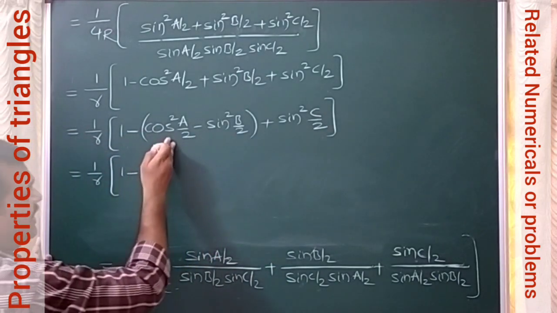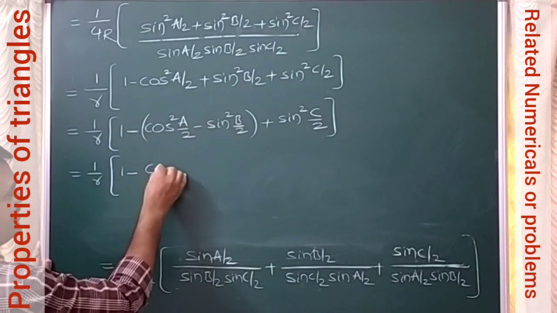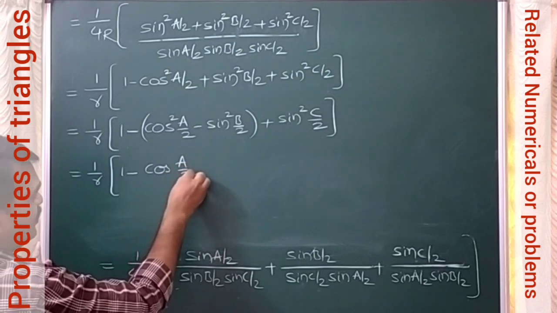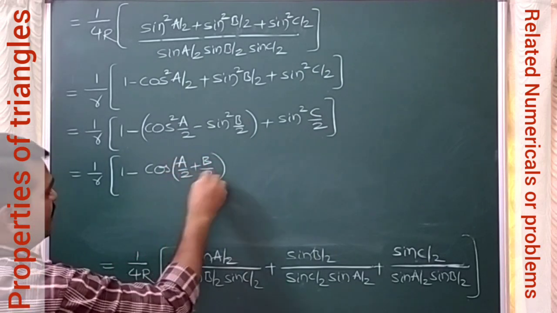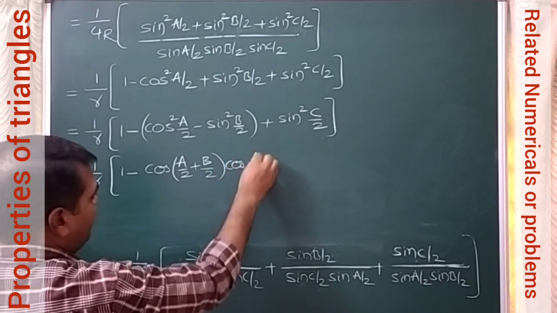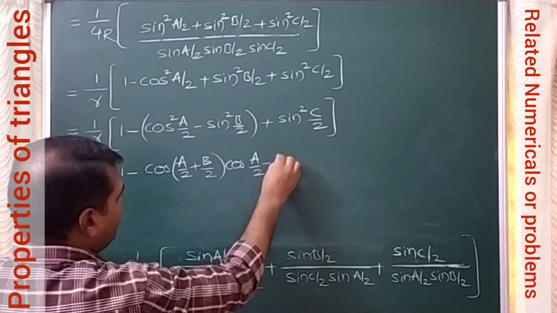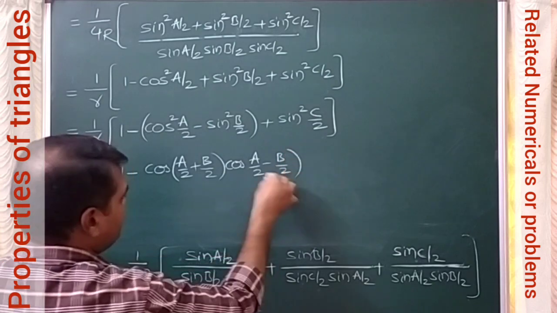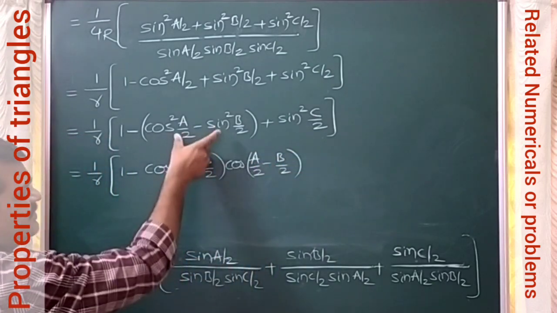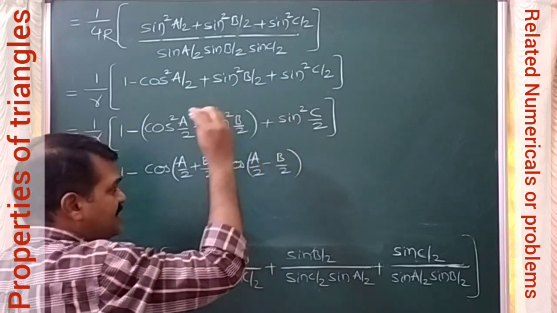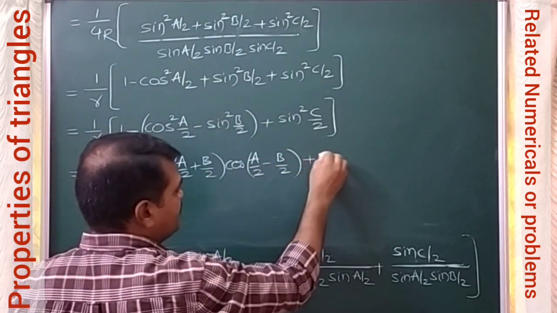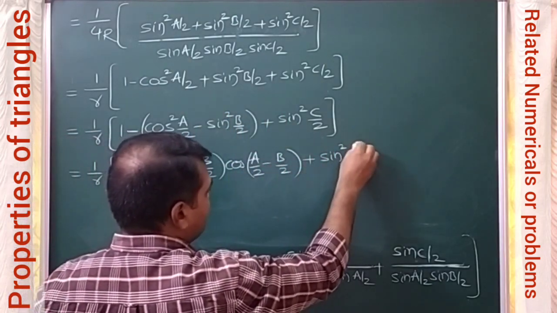So using that formula we can write this as cos(A/2 + B/2) cos(A/2 - B/2). So this is the formula application for this part. And the last part, sin square C/2, I am writing as this.